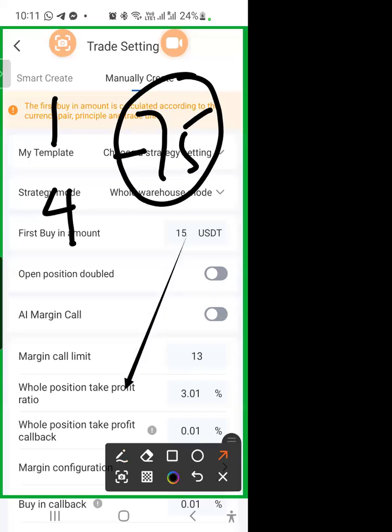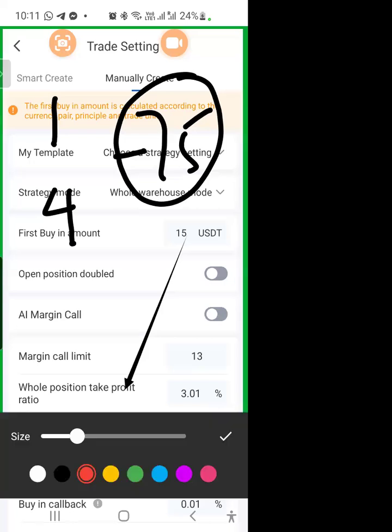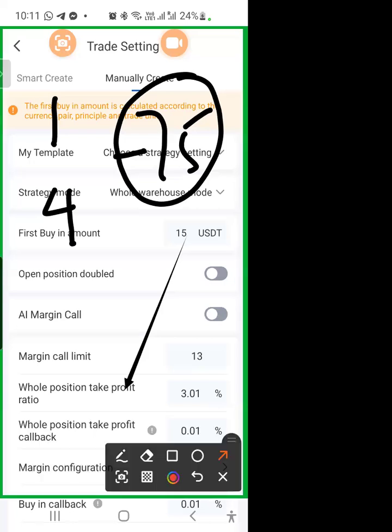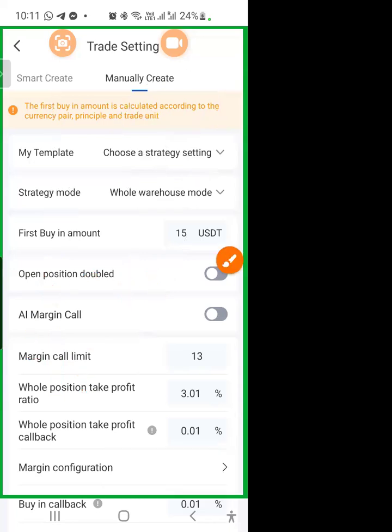But at the 50th position, we saw that the robot put $45 over there, but on the 50th position, the robot put $15.